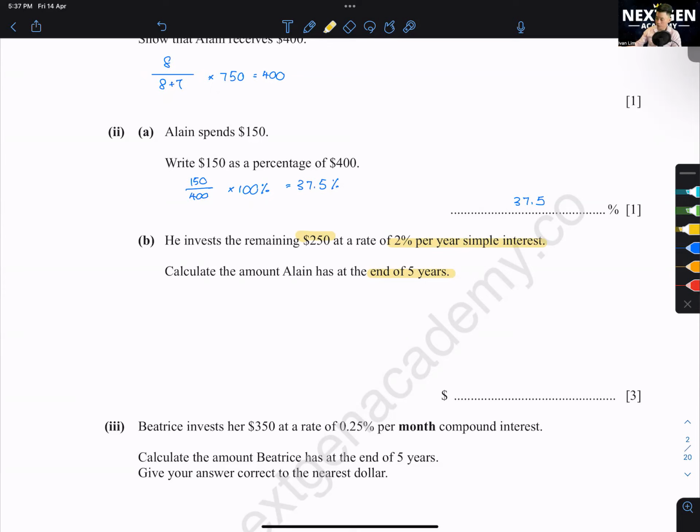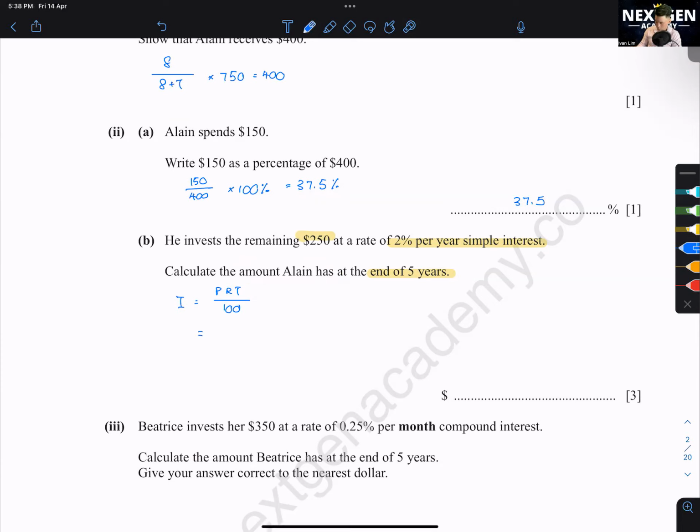We need to remember the simple interest formula, which is without the original amount: PRT over 100. They want the total, so later on we have to add the original amount also.